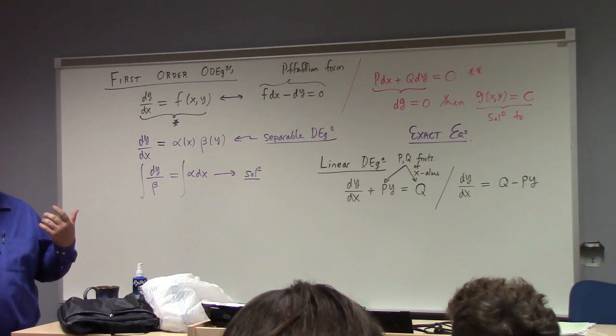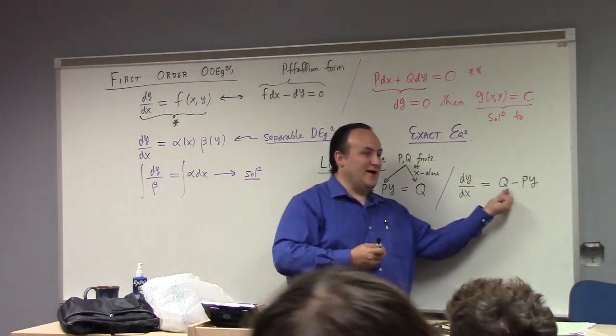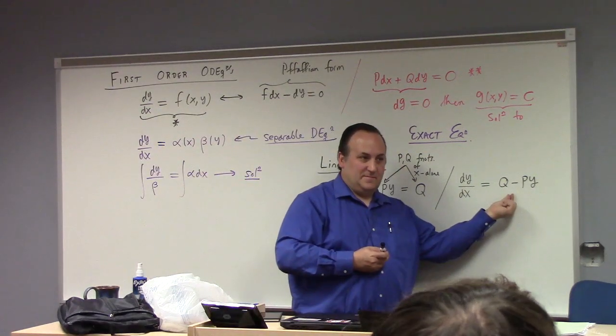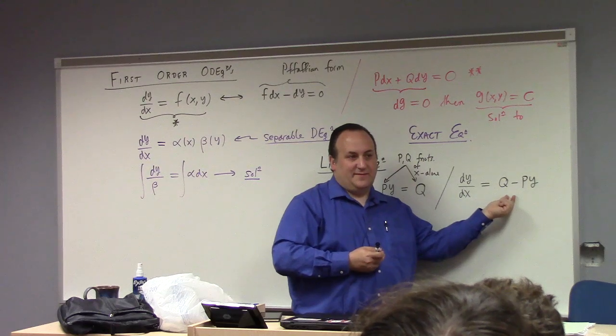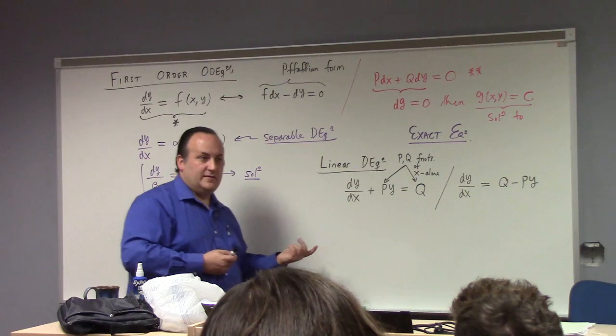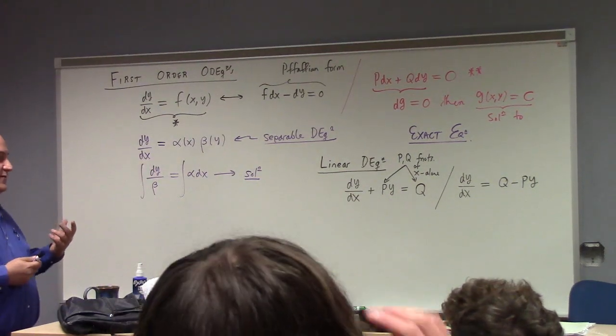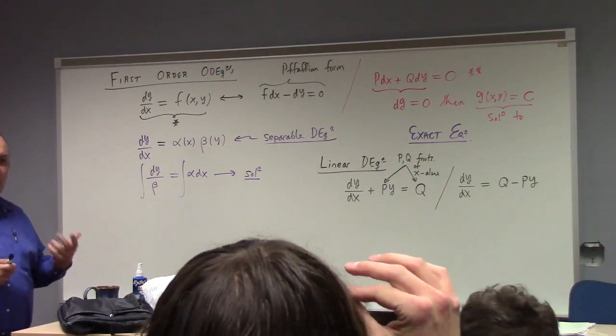I can't, right? There's no way to extract a y from this, without dividing by y, but then I've got y in that. There's just no way to separate variables here, okay? So that doesn't work. The next thing you might try is, well, is this linear differential equation an exact equation?